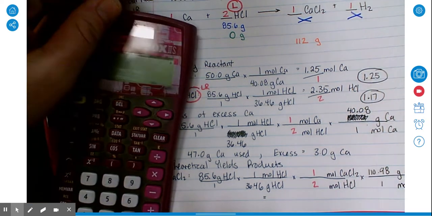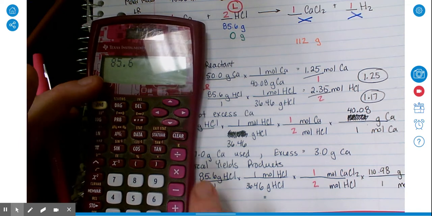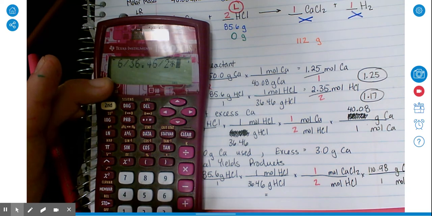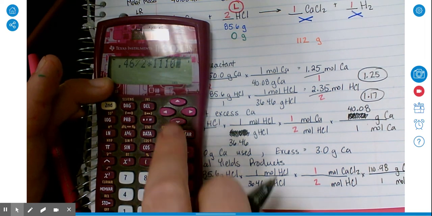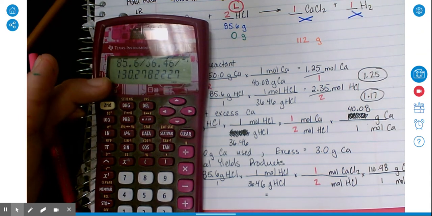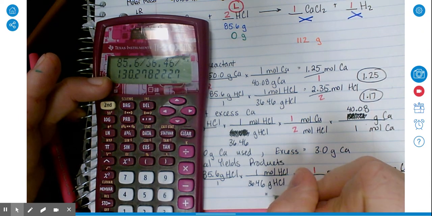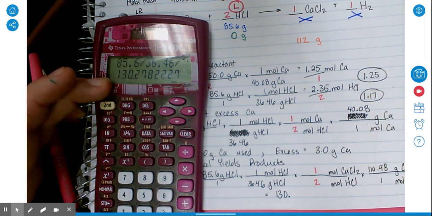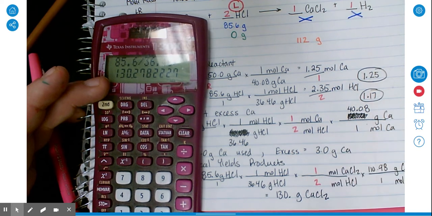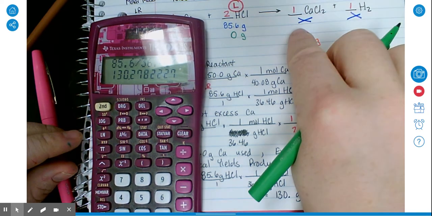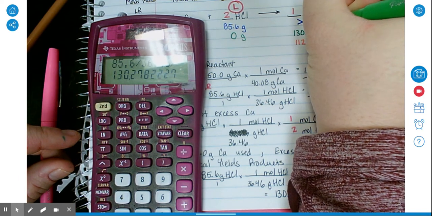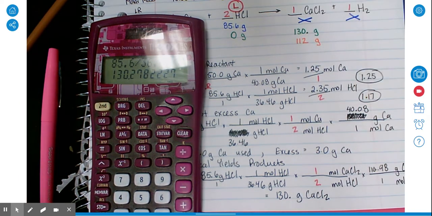Plug all that into a calculator. 85.6 divide 36.46 divide 2 times 110.98. And I end up with a theoretical yield of 130.3, sig figs, so that just rounds to 130 grams of CaCl2. So my theoretical yield of calcium chloride, 130 grams.